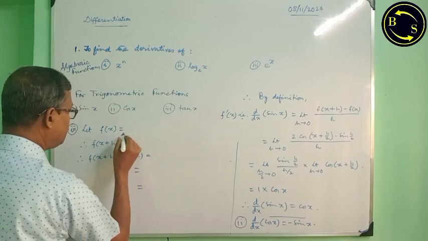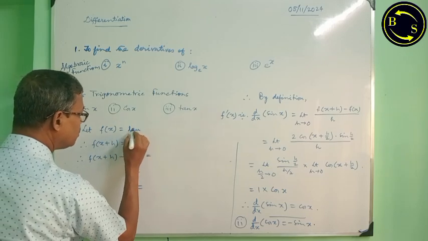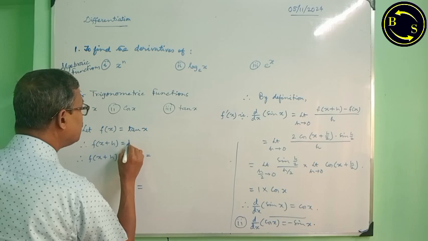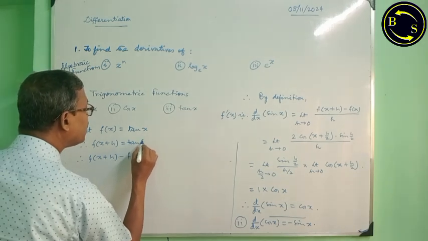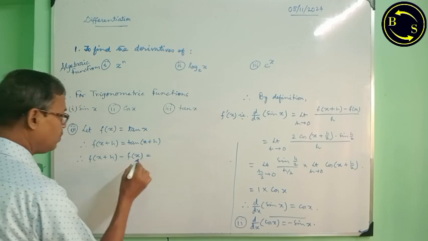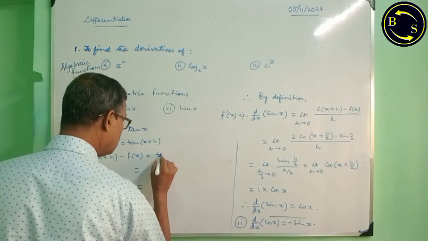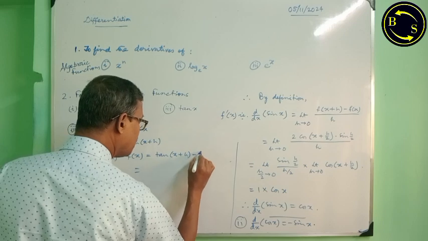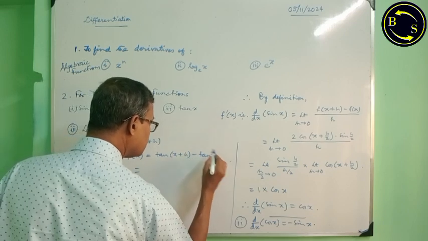In this case, it will be tan x. Therefore, f of x plus h will be tan of x plus h. Therefore, if we simplify this, it will be tan of x plus h minus tan x.